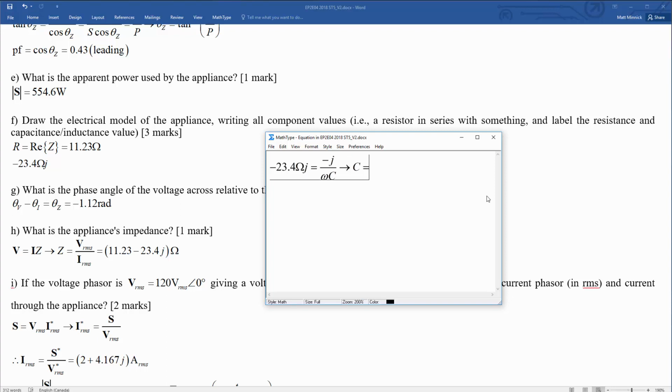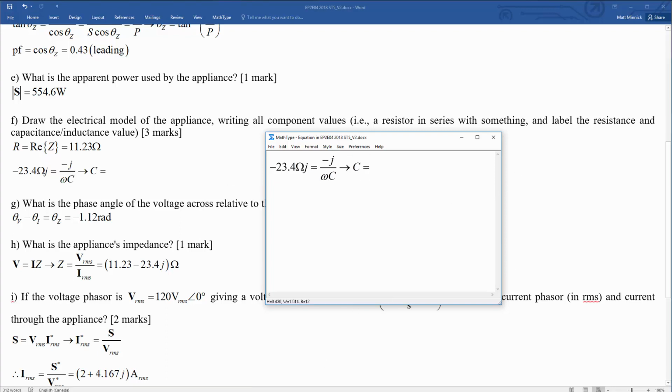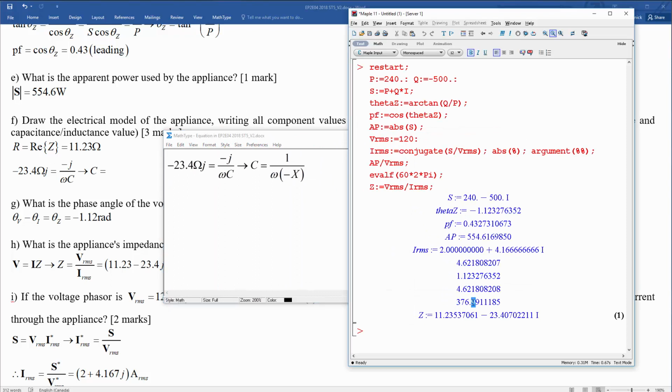So we can figure out that C is equal to 1 over omega times negative X, where X would be the reactance, the imaginary part of Z. All right.